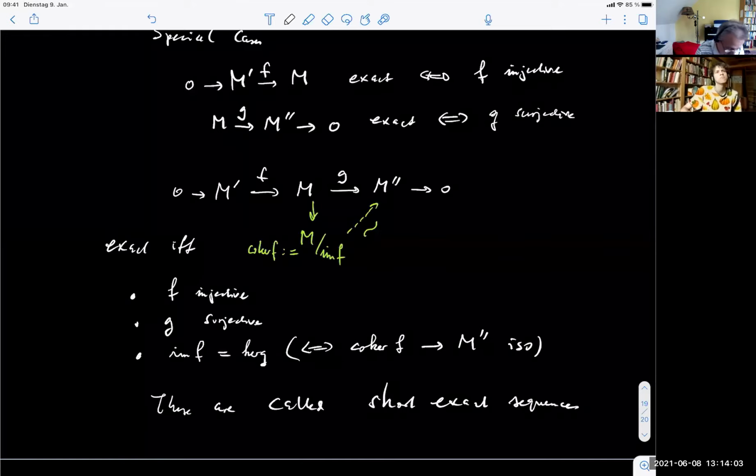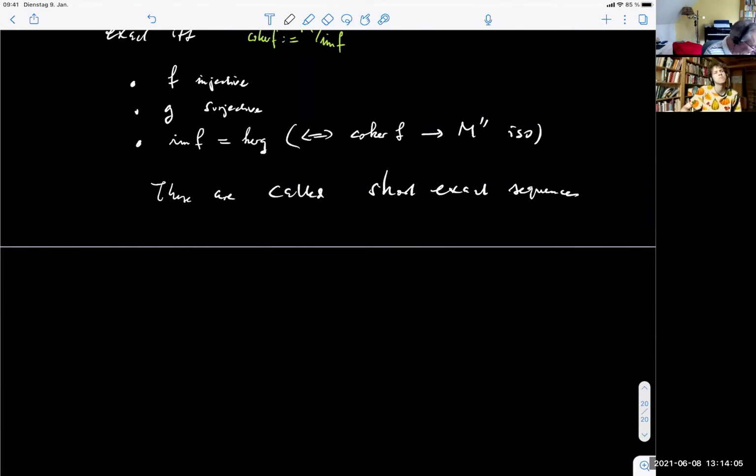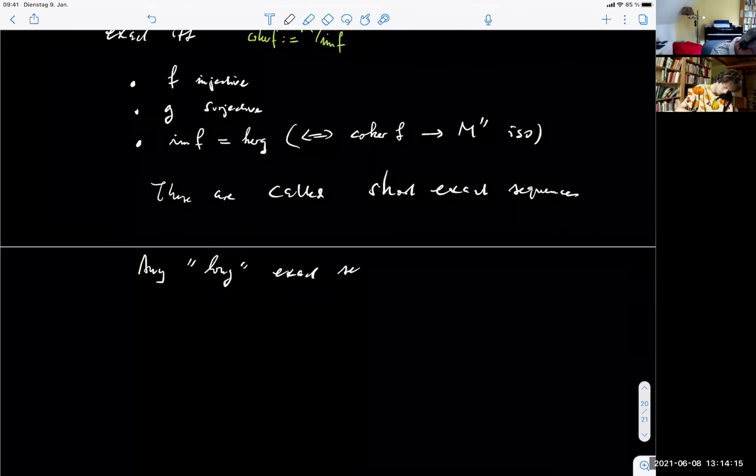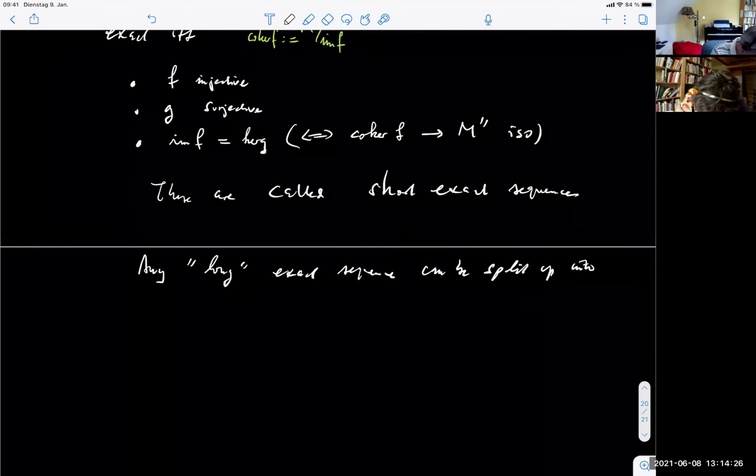Let me also explain this. Any "long" exact sequence, in quotes because I didn't formally define it, but it's just a bit longer, can be split up into short exact sequences.